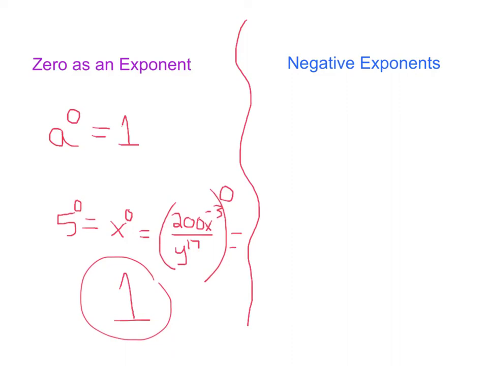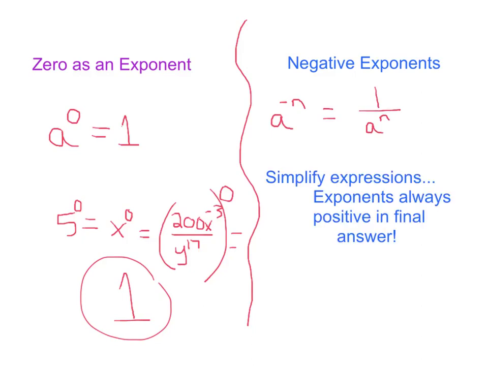Now remember the rule of negative exponents, a to the power of negative n. We write it as 1 over a to the power of positive n. And when we have negative exponents in expressions, our goal is always to write your final answer with positive exponents.